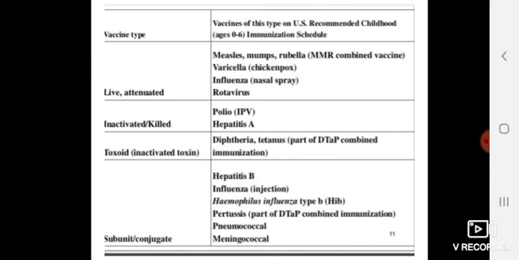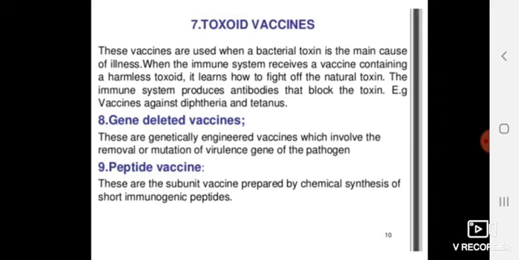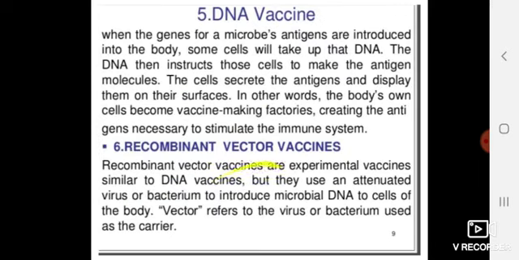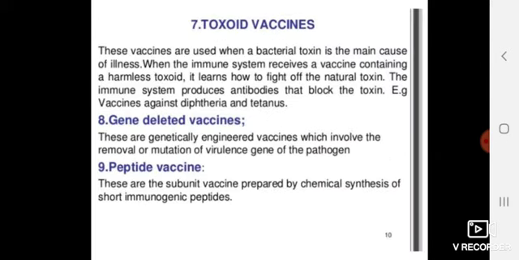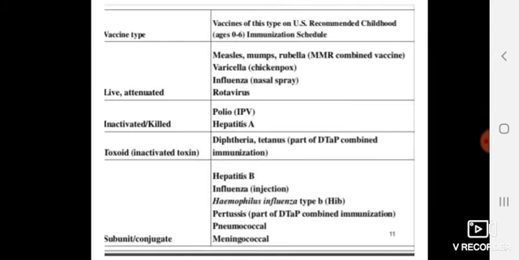Other than these, we are not mentioning all of them here. The commonly given live attenuated, inactivated, toxoid and subunit vaccines are all mentioned here. But for the gene-related, peptide vaccines, DNA vaccines other than corona, and recombinant vaccines, no example is mentioned here. So please identify some examples regarding these vaccines.